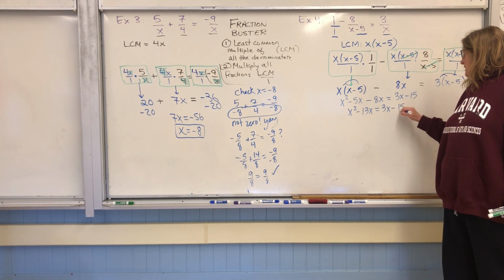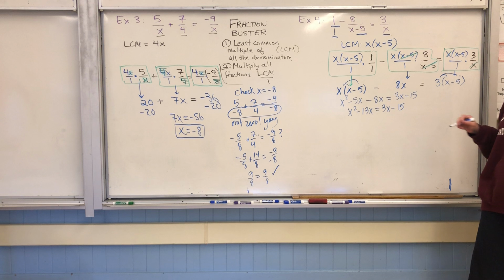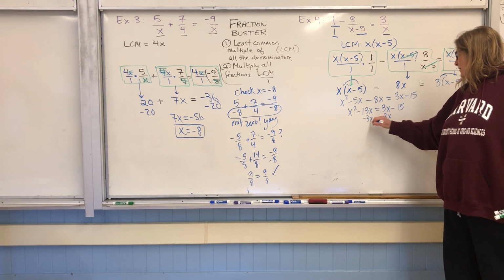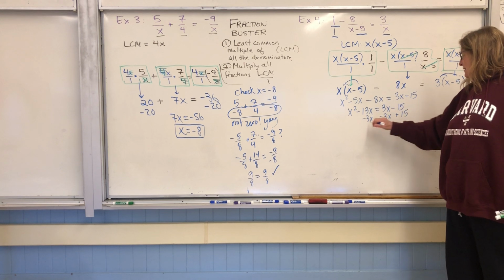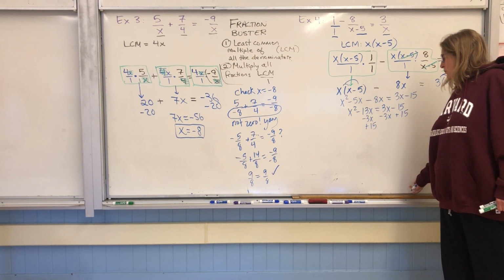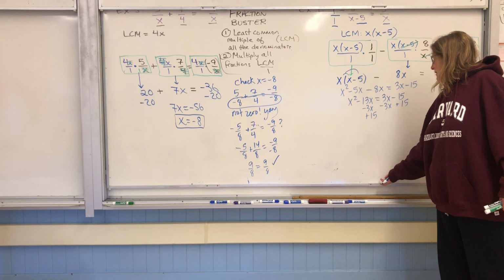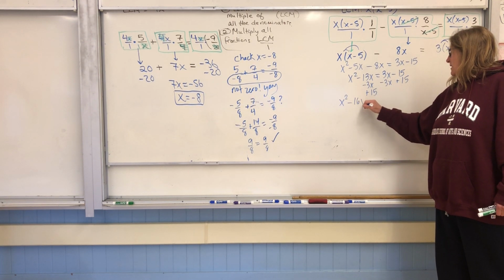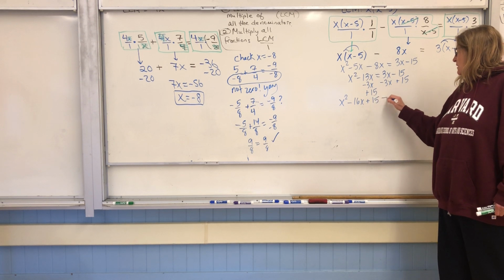So I'm going to subtract the 3x and add the 15, and I'm going to end up with x squared minus 16x plus 15 equals 0.